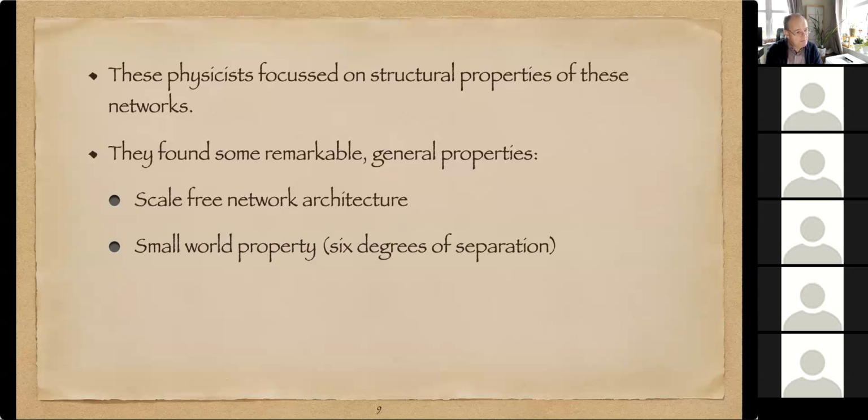The second property that they found was that of a small world. A small world refers to the fact that you take two arbitrary positions and you can reach one position from the other by just a few steps in the network. So we have a very well connected network. Even though we maybe do not know everybody in China, you are on average only something like 4.5 steps away from an arbitrary person in China.